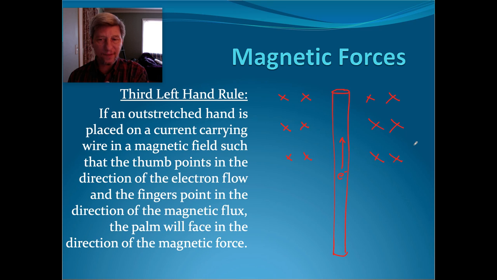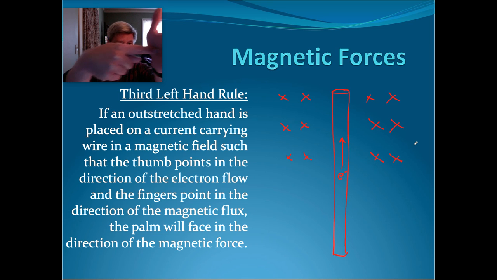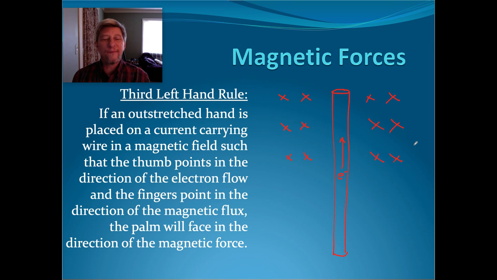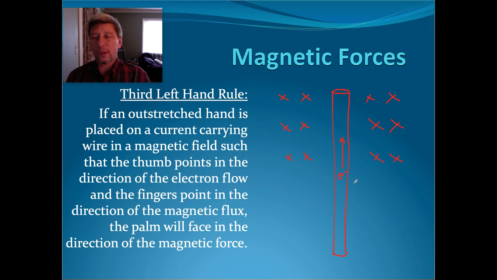And the thumb is pointing up, because the direction of the current is up. Your palm will face in the direction of the magnetic force. And so if you look at this very carefully, what's the direction of the force? It will be this way.